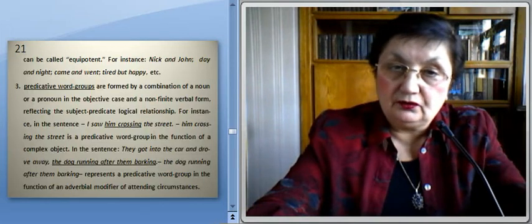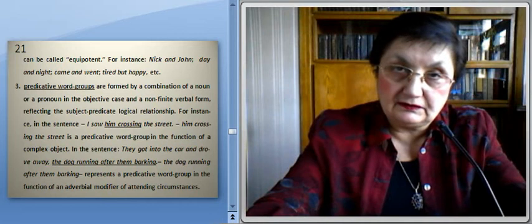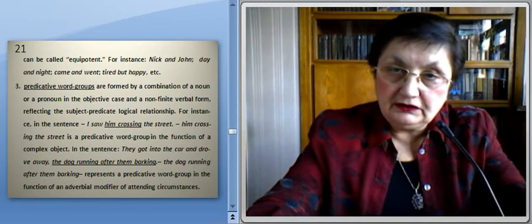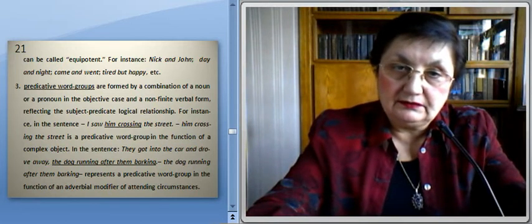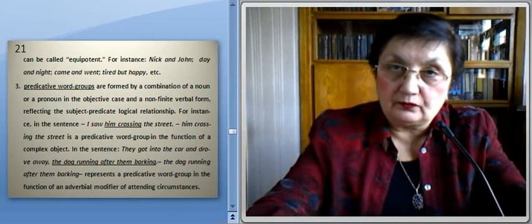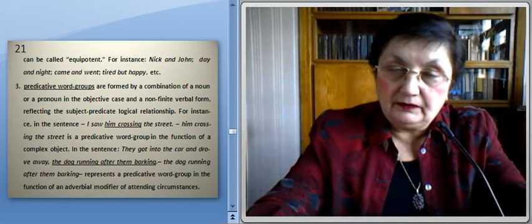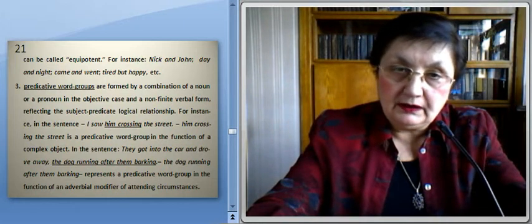Predicative word groups are formed by a combination of a noun or pronoun in the objective case and a non-finite verbal form reflecting the subject-predicate logical relationship. For instance, in the sentence "I saw him crossing the street," "him crossing the street" is a predicative word group in the function of a complex object.